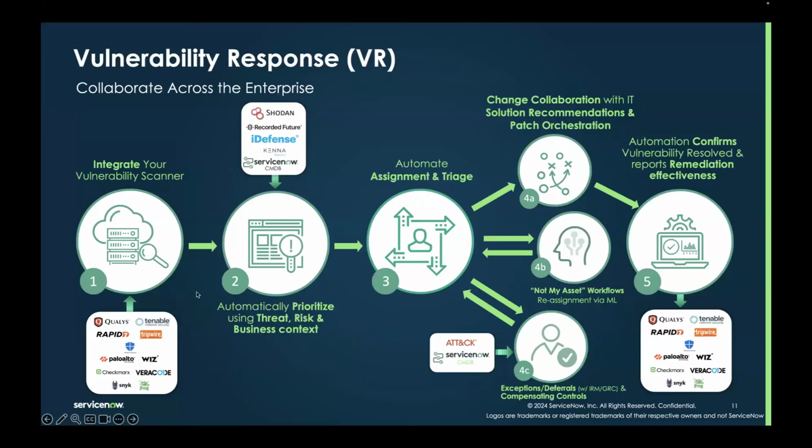Right, so you get those vulnerabilities again from various third-party sources, and you can then prioritize. You can assign risk scores and assignment rules to your vulnerabilities to better manage them and have better visibility of the vulnerabilities of your IT environment. In addition, we have the solution recommendations and patch orchestration as well for these vulnerabilities.